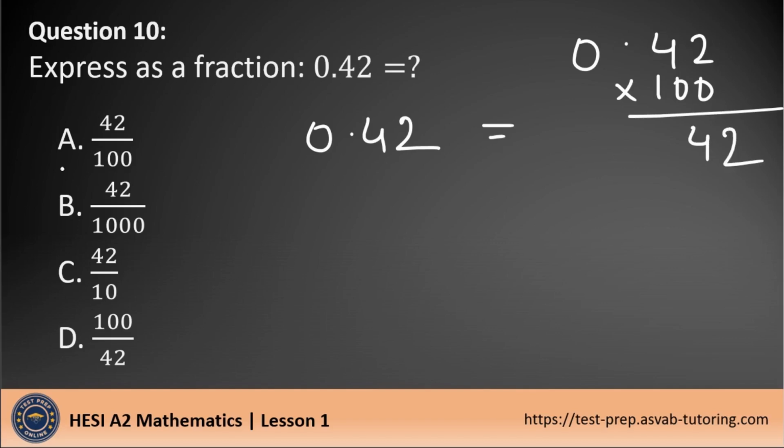So you can match with the things like 42 divided by 100 equals 0.42. So we can express it as 42 divided by 100. Here the answer is A.